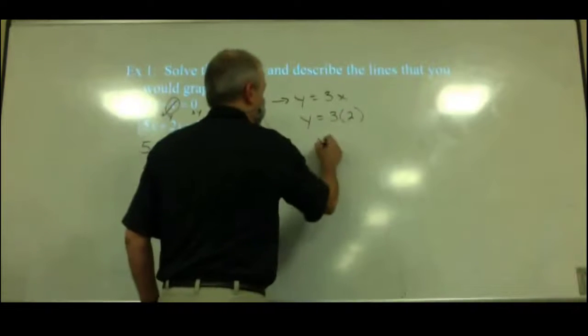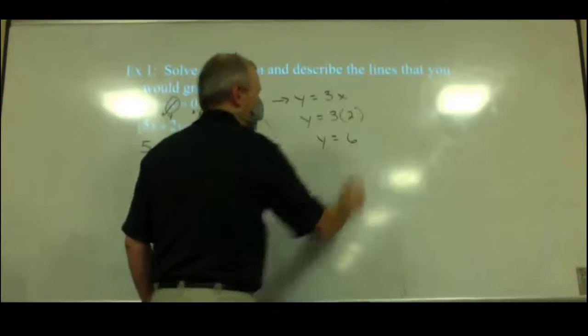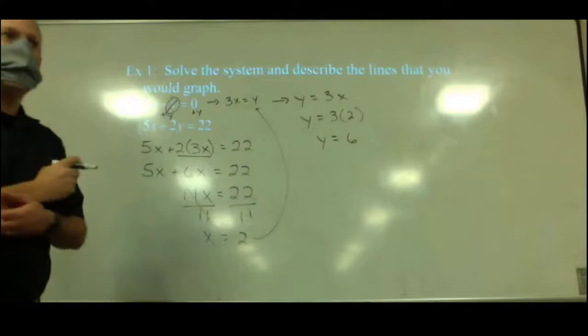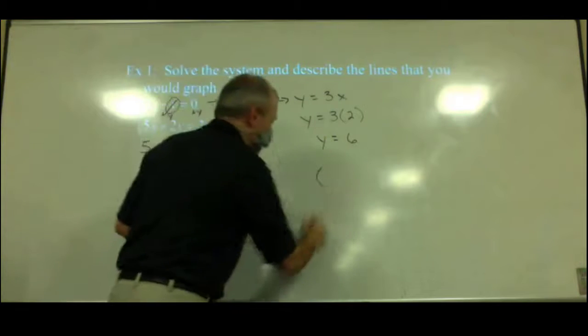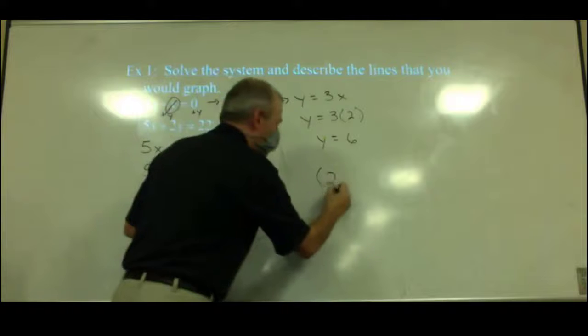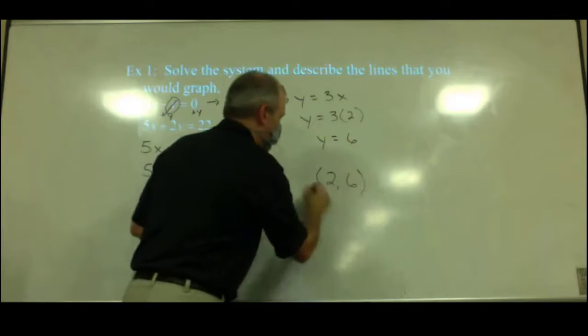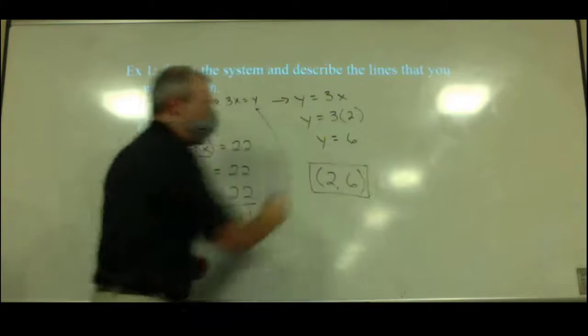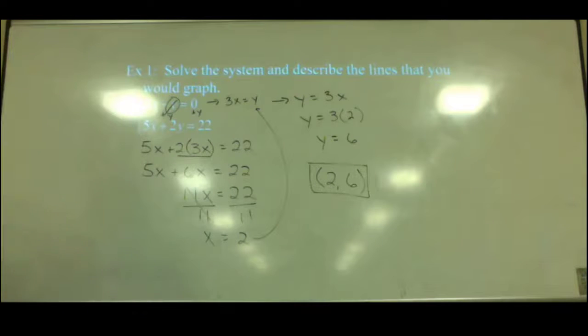And so that tells us y equals 6. 3 times 2. So the way we write our answer, we know x equals 2, and we know y equals 6, and we can write it as an ordered pair. Remember, the first number is always the x, the second number is always the y. Now, can anybody just in general describe the lines that we would draw if we were going to graph this?